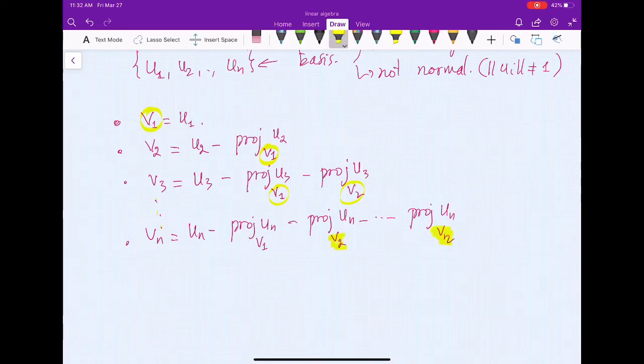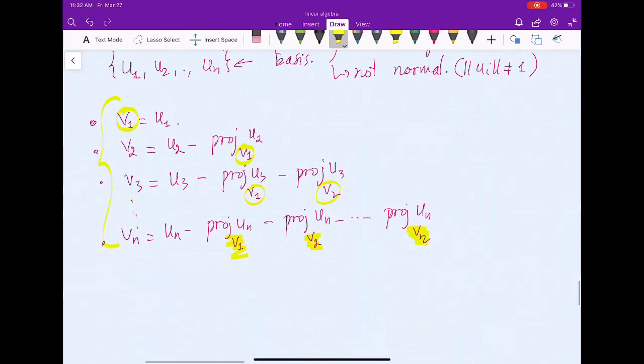Make sense? So how do we describe the whole process in one sentence? The first step is fixing one element. The next step, subtract from the second vector its orthogonal projection on the previous vector.